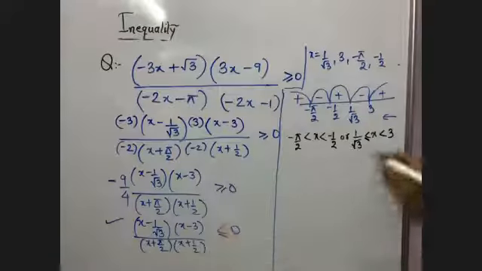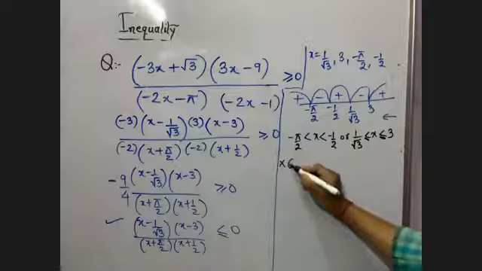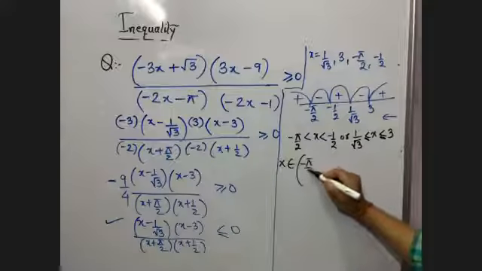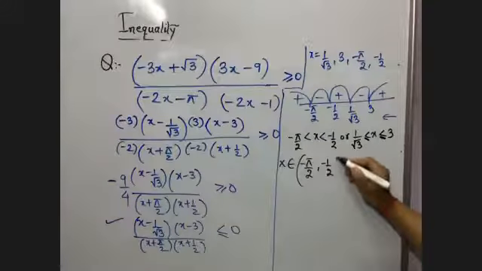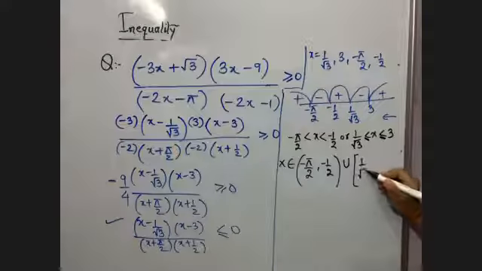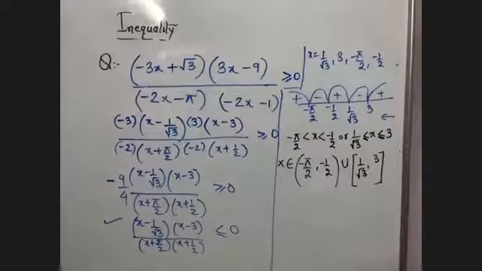Do we want 3? Yes, we want 3. It is also included. So the answer will be x belongs to minus pi by 2 to minus half, union 1 by root 3 to 3. Write down this first.